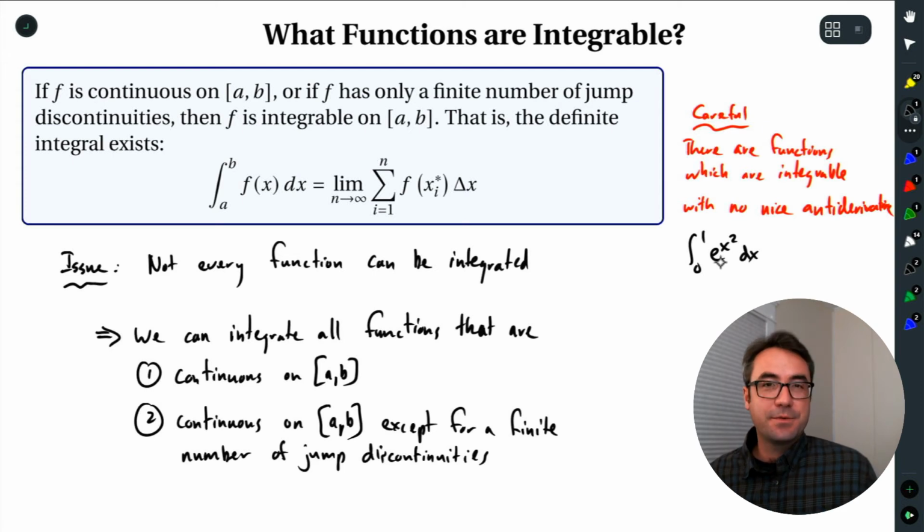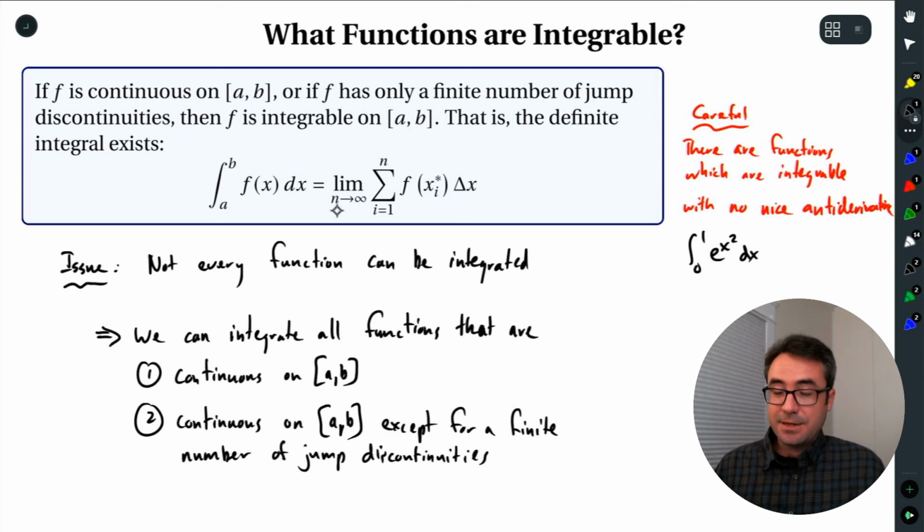So we can't really use the fundamental theorem of calculus the way we expect. For this integral, technically the limit does exist, but we wouldn't be able to use the fundamental theorem of calculus because there's no nice antiderivative to help us simplify this. We could still use the limit definition, but again, that's also very difficult.